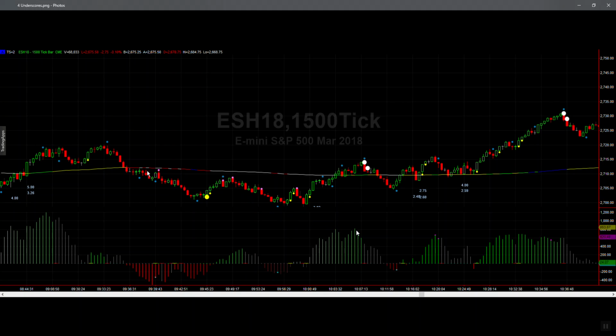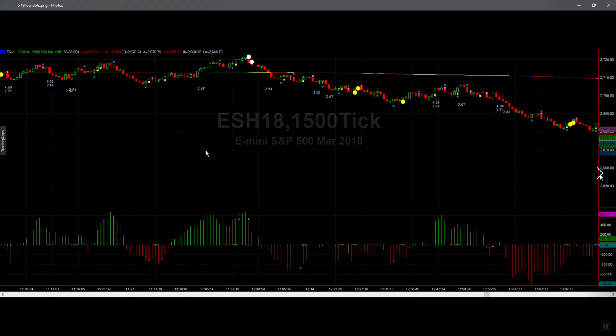Intermittently, it has magenta dots above the green bars, and then it also has cyan dots below the red bars. Now, these dots represent potential changes of strength in price.